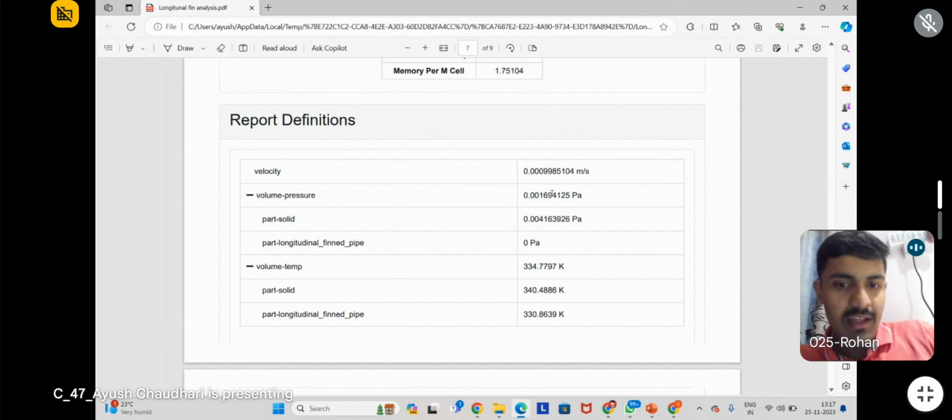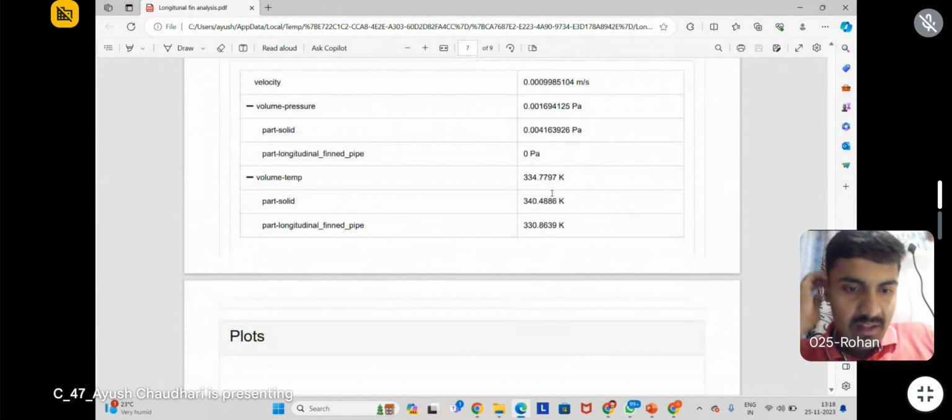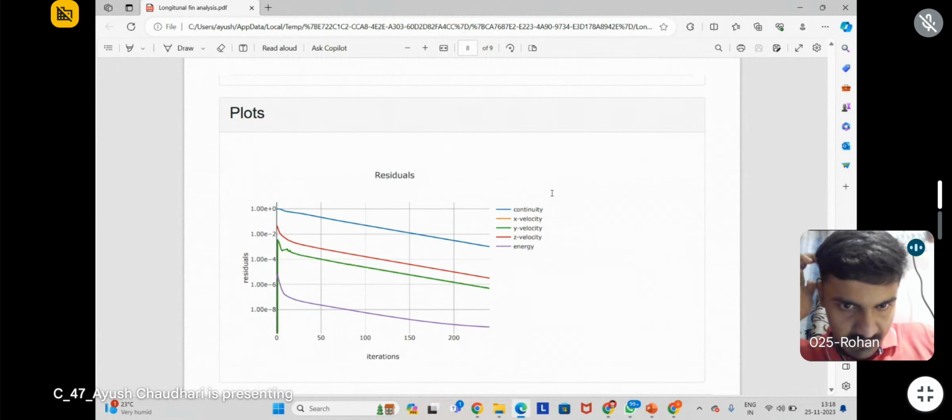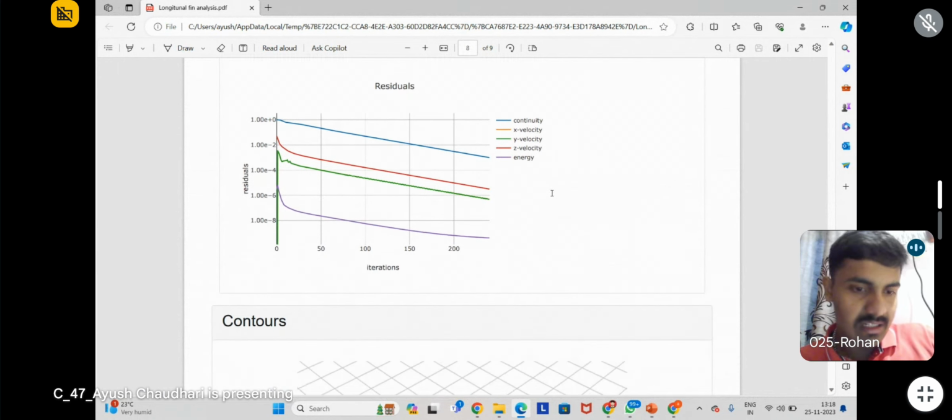Part solid was 0.0041 pascals. Volume temperature was 334.779 Kelvin. Part solid was 340, and the part longitudinal fin is 330. So these are the plots on the graph for better understanding, and we can close the PDF.